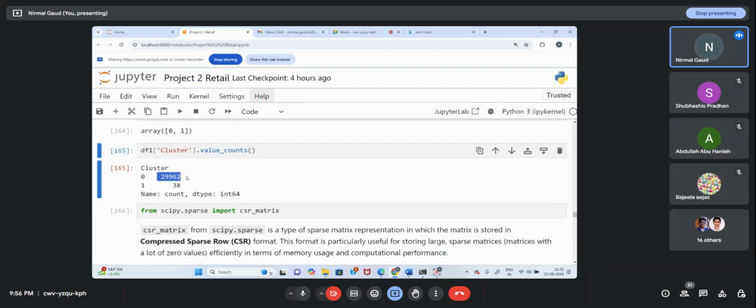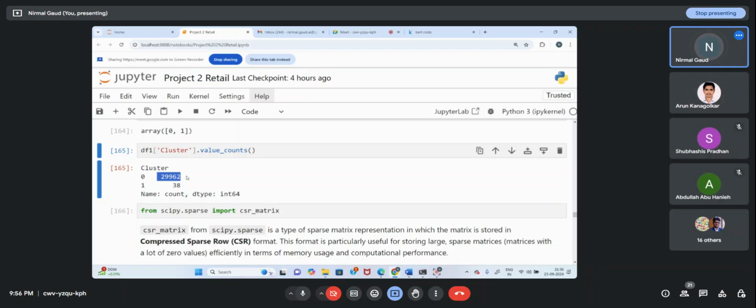So a very unfair kind of distribution. However, because it's data related to retail, kind of related to sales, unsupervised learning is something we got a chance to apply, and we did apply it here. We got two clusters as optimal, and when we checked how many data points follow which cluster, 99% are following cluster number 0, only 1% is following cluster number 1.